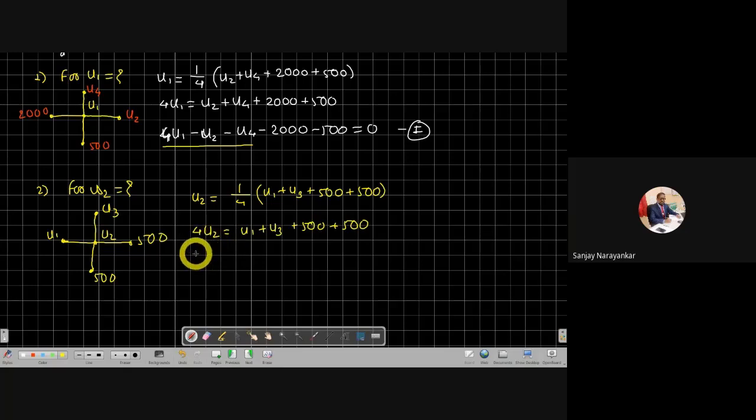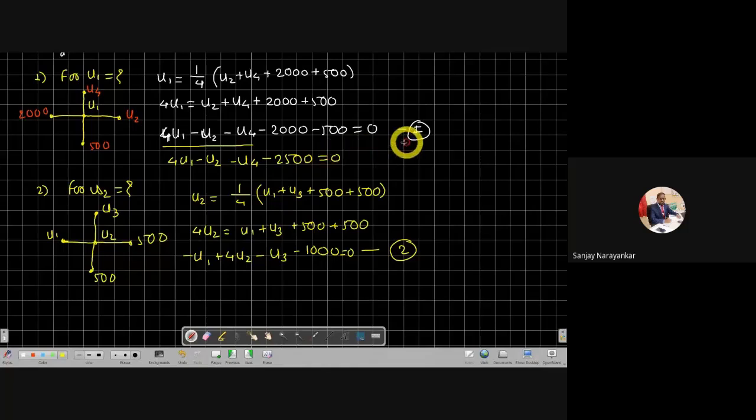So we write minus u1 plus 4u2 minus u3 minus 1000 equal to 0. That's equation number 2. And here also we can write 4u1 minus u2 minus u4 minus 2500, which is equation 1.